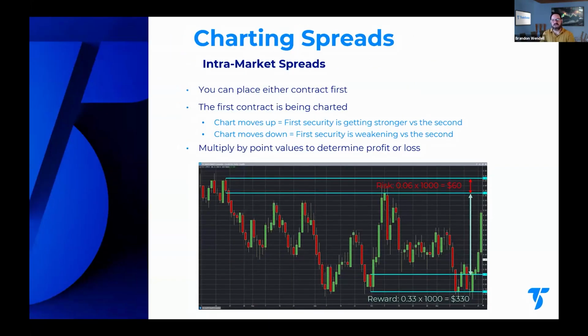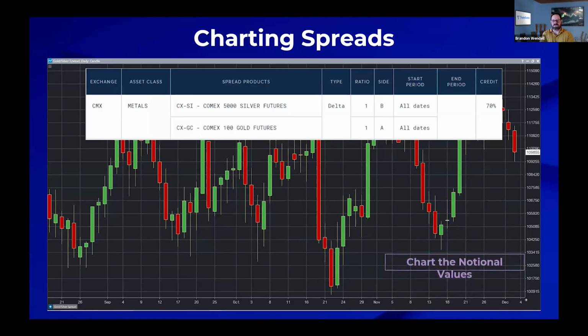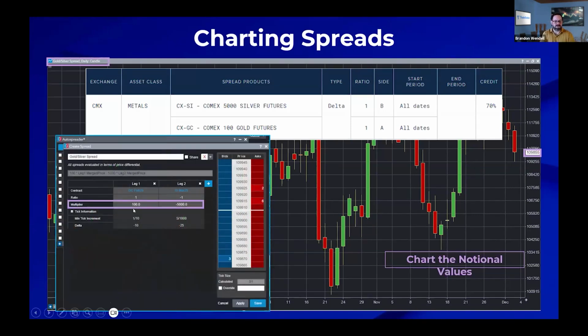The other way of getting around that is you could simply use notional values, because if we did silver versus gold and charted the notional value, whatever the one price is minus the other, that's the actual dollar difference. So right here, we have the notional values.